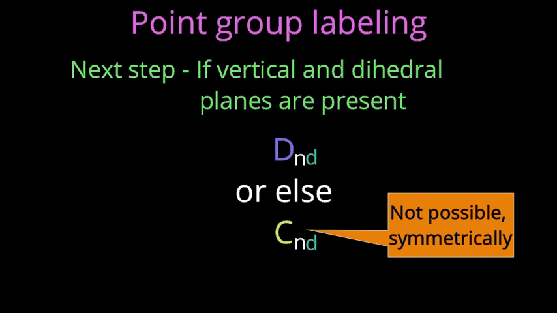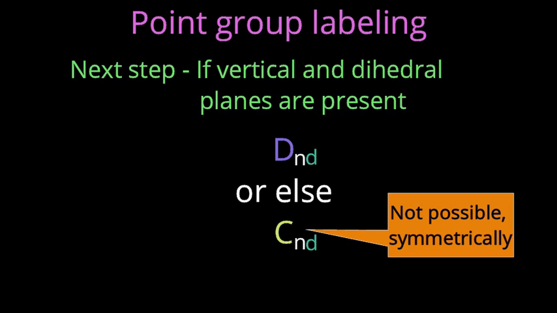Then who has a priority? Dihedral has the priority. So there we will represent it as CnD, which is not possible but understand, and other DnD. For cyclic point group, existence of dihedral plane is not possible.